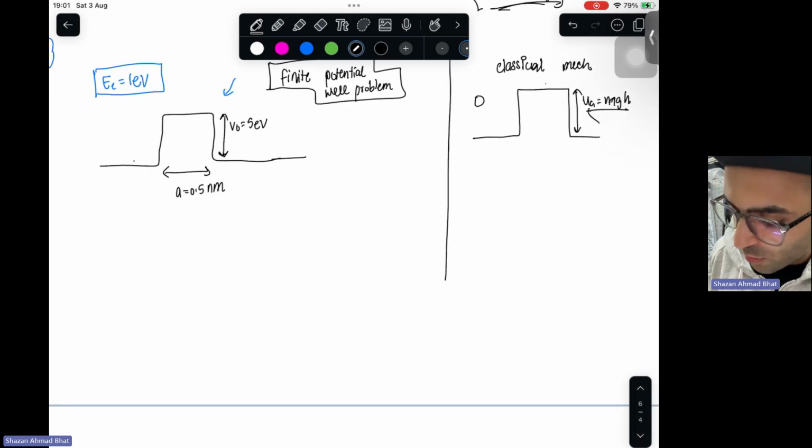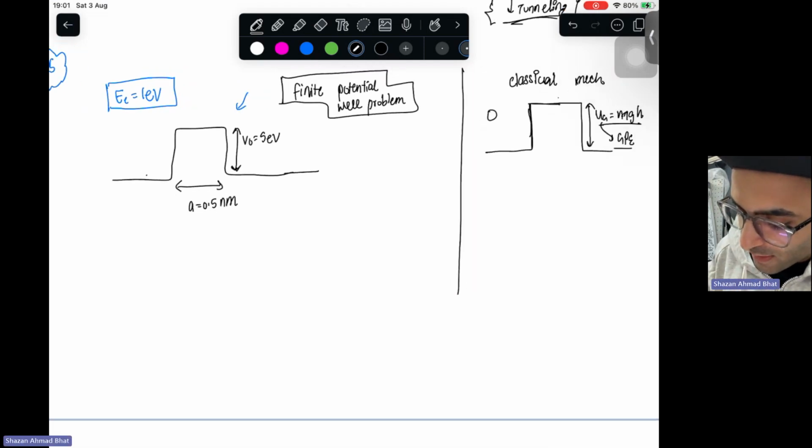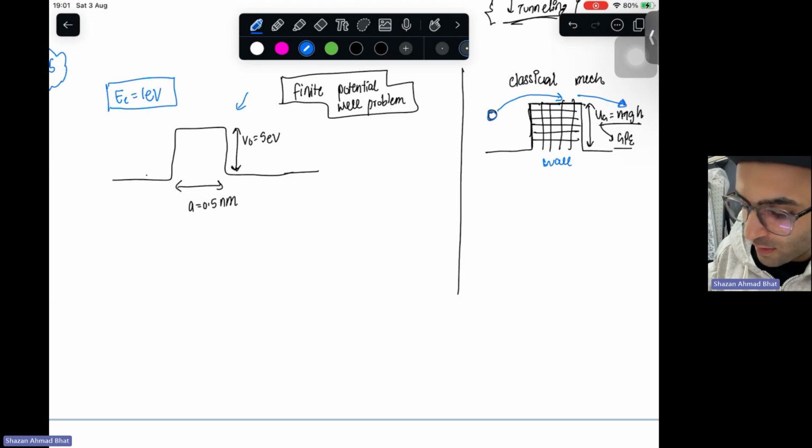So this is the gravitational potential energy, and this is the barrier, a wall. If this ball has to cross this wall, it has to go over the wall and appear on the other side. Then it can come over to this side.